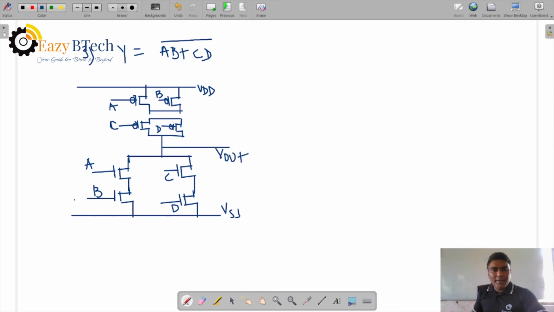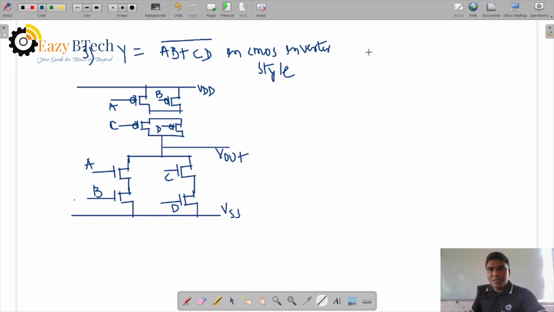Let us take the stick diagram for this, in CMOS inverter style.